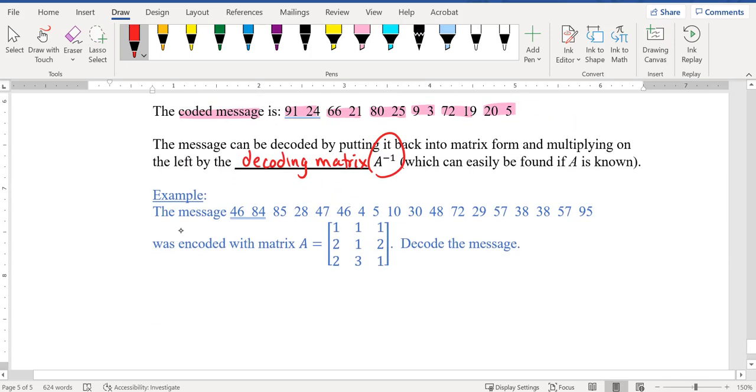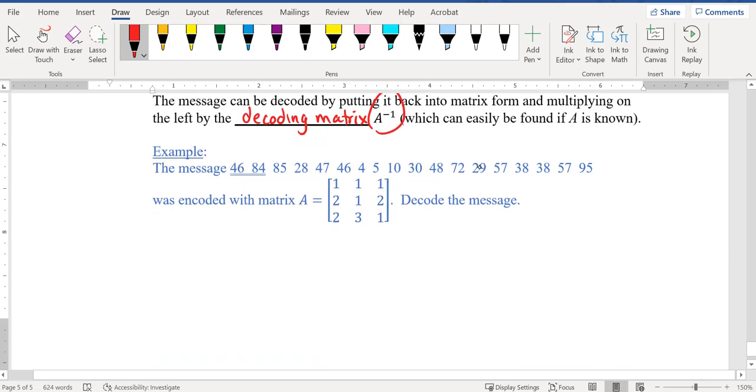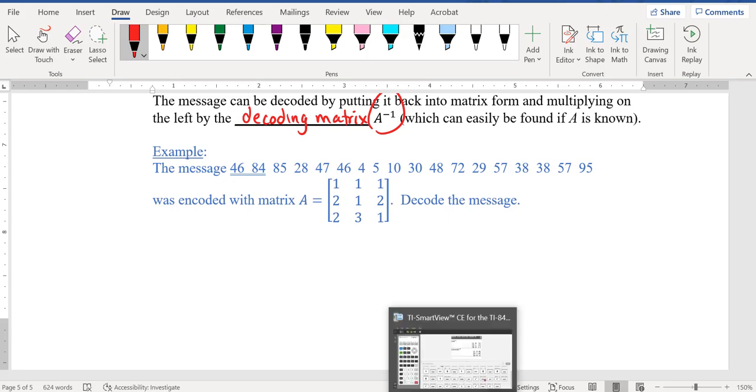So here we go. This message was encoded with this matrix. We want to decode the message. So the first thing we need to do is find A inverse.